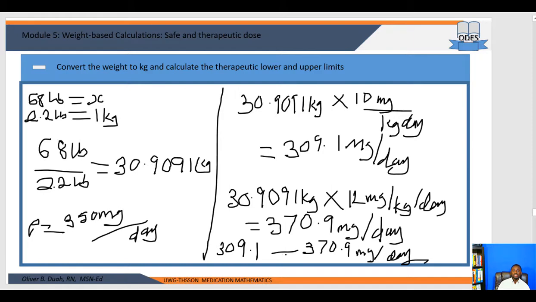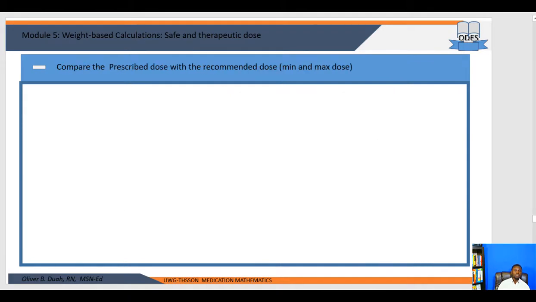So we can say that this medication is safe because it's not greater than the upper limit, and it's also therapeutic because it's greater than the lower limit. And so our dose is safe and also therapeutic.